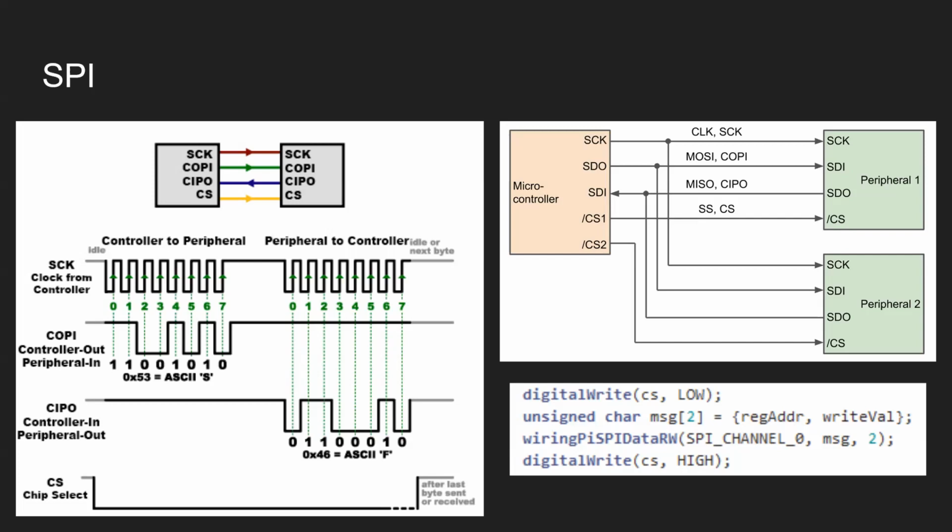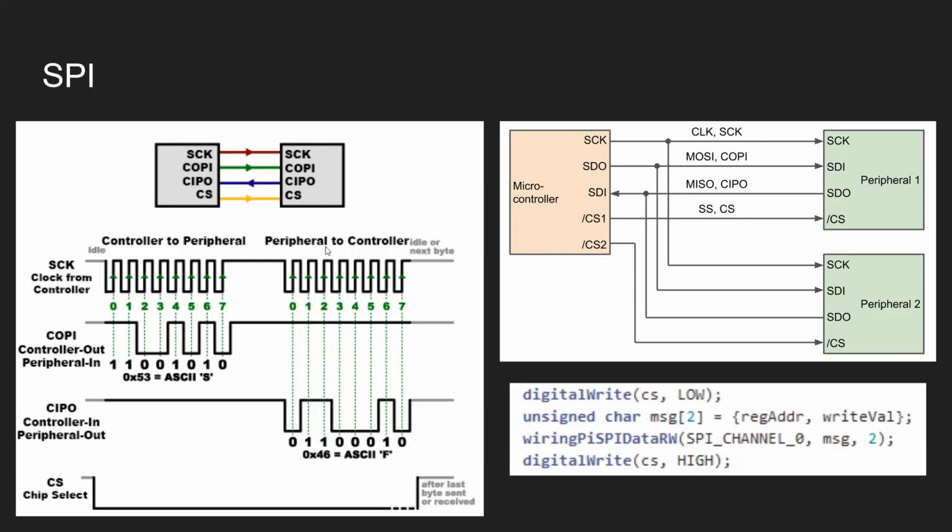Basically, how it works on the left is we have our transmitter and receiver. In literature, it'll be controller and peripheral or master and slave. MOSI is master output slave input, or controller output peripheral input. It means the same thing, just to be aware.